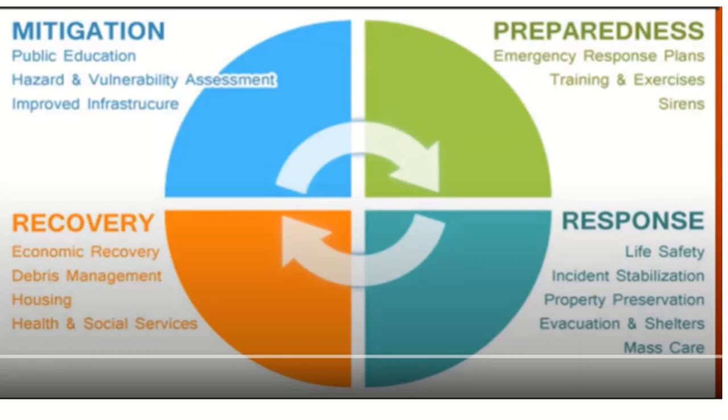Recovery, that is economic recovery, like debris management, housing, health and social services, how to recover from the damage, which also the government has to plan. And it has to prepare emergency response plans, training and exercises. The response has to be life safety, incident stabilization, property preservation, evacuation and shelter and mass care. So these are the four areas which the government has to look into.